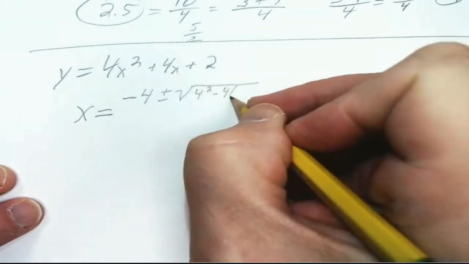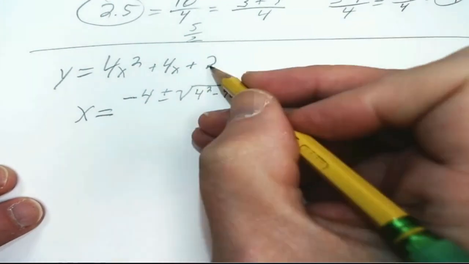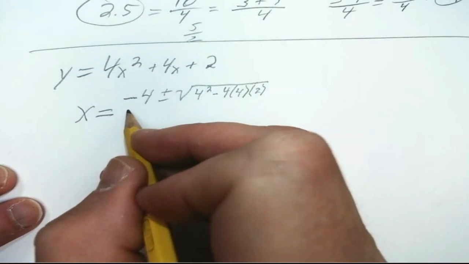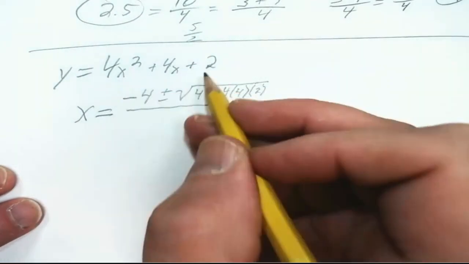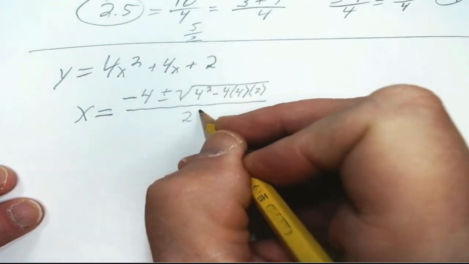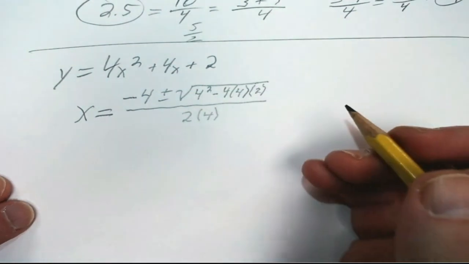Minus 4 times a. A is 4, C is 2. A, B, C, all over 2a. You got that? Yeah, it's 8. It's 2 times 4.